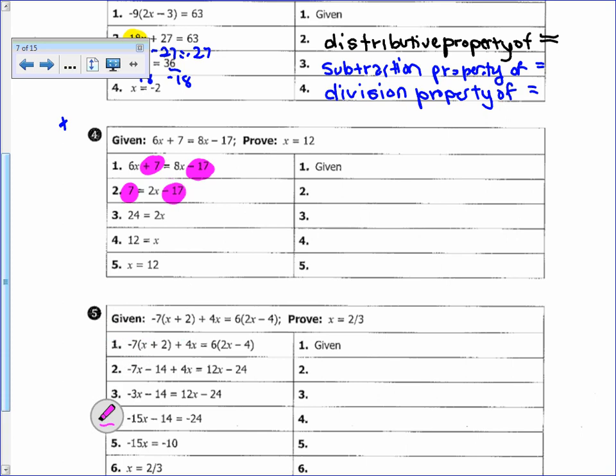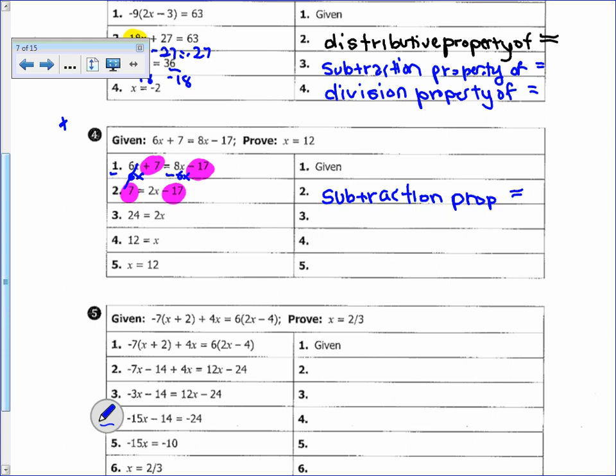So how did I get 2x? Did I subtract 6x on both sides? Did I subtract 8x? I subtracted 6x. But regardless, it's the subtraction property. The subtraction property of, don't forget your equal sign, property of equality. I can prove it. -6x, this goes away. And 8 minus 8x's minus 6x's is 2x's.